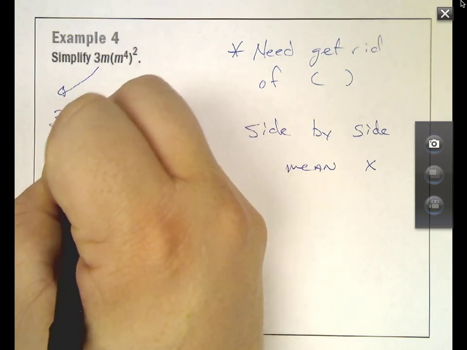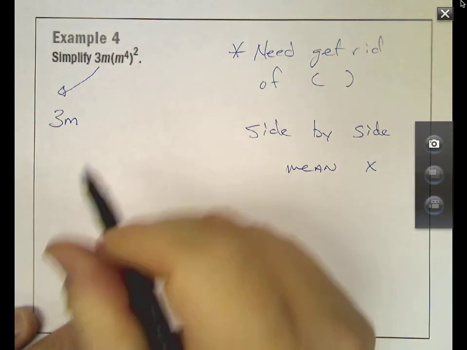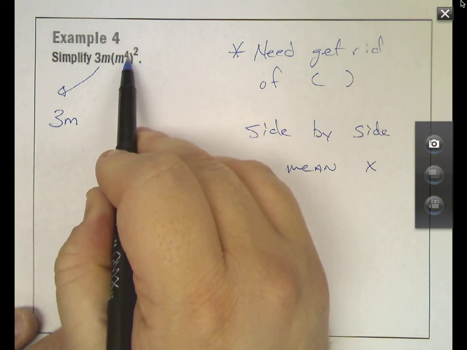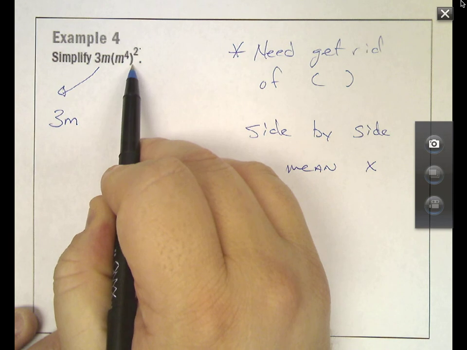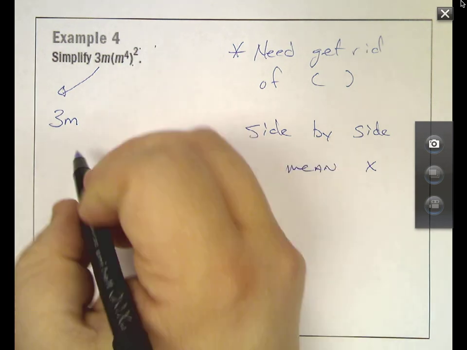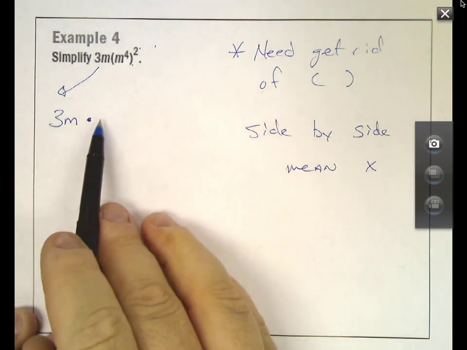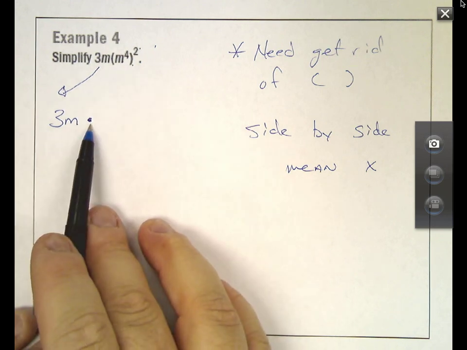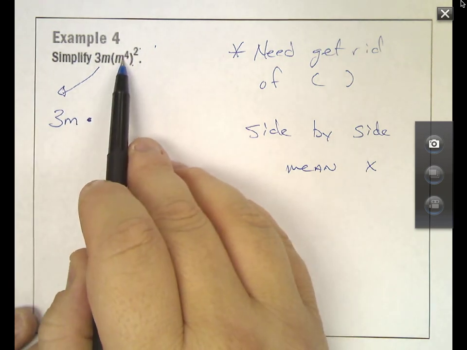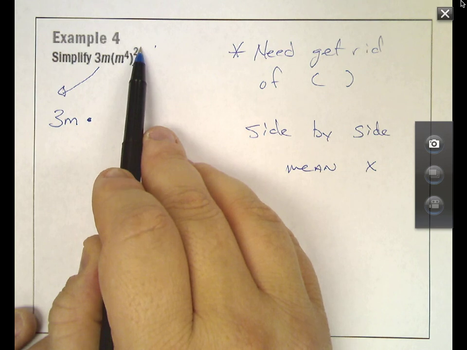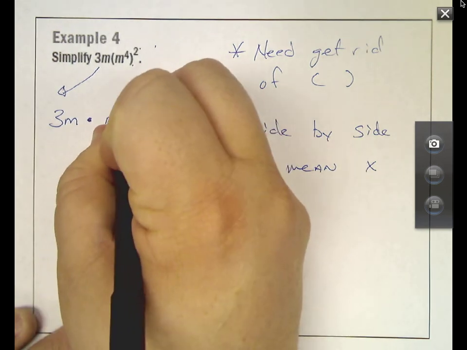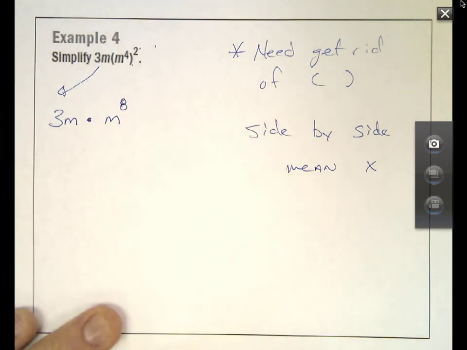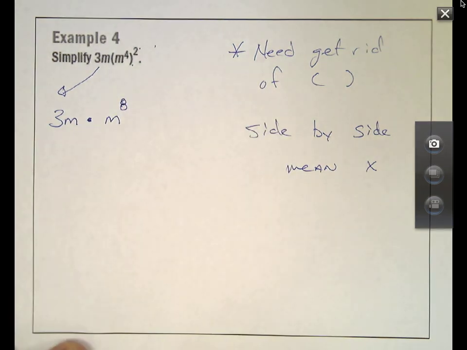So I'm just going to bring my 3m down. M to the 4th raised to the 2nd power is raising a power to a power again. M to the 4th raised to the power of 2: 4 times 2 is m to the 8th.